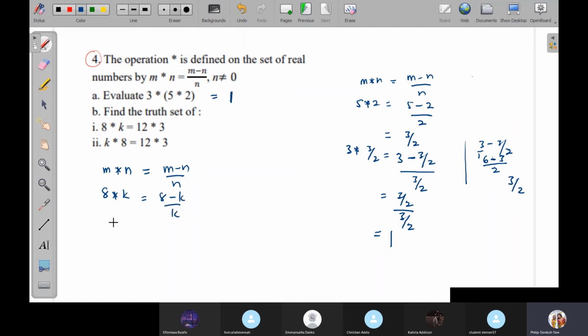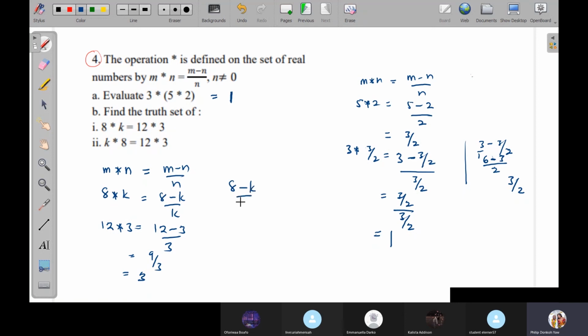And considering the right-hand side, having 12 star 3, that will give me 12 minus 3 all over 3. And 12 minus 3 is 9 divided by 3, giving us 3.